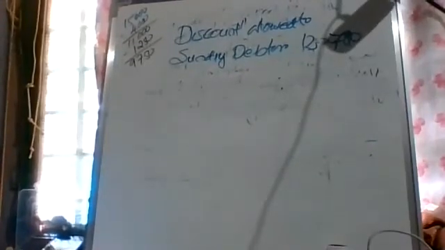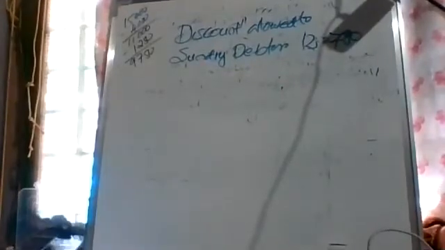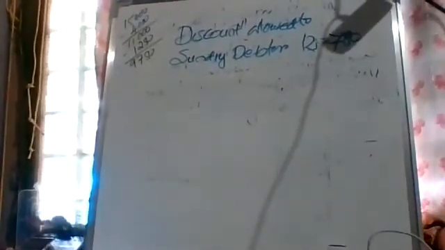Discount allowed account debit to sundry debtors. Yes. Why are you debiting discount allowed? What's the reason? Neha? Sir, because of decrease in sundry debtors account, sir. That's okay, I understand. Why we are debiting discount allowed? The answer is correct only. What's the reason?